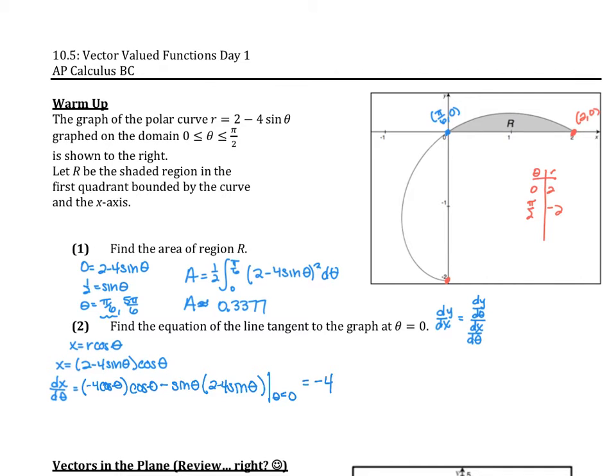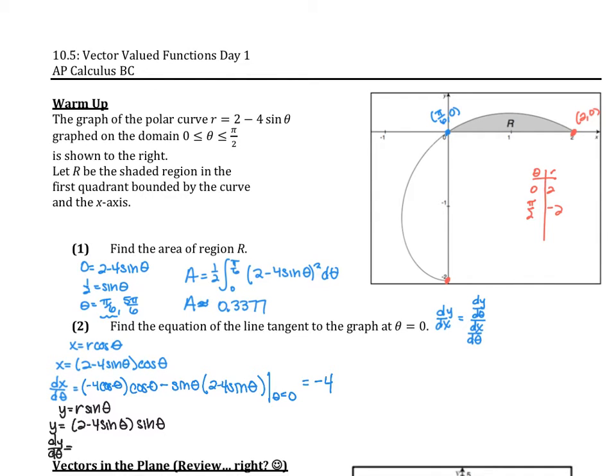Now I need to do the same thing with the fact that y equals r sine theta. Let's change colors so it's easier to see. Then y equals 2 minus 4 sine theta, times sine theta, and I'm going to take the derivative of y with respect to theta.